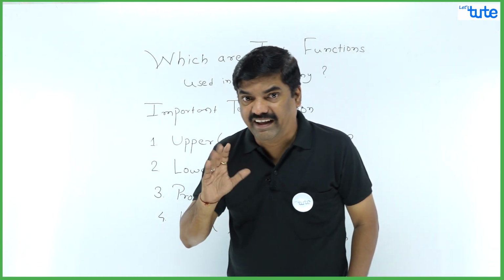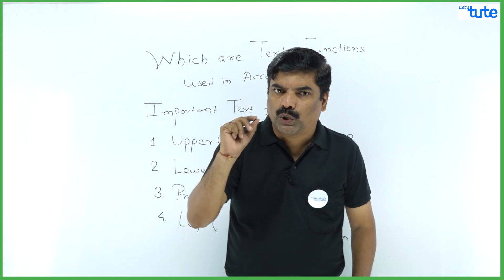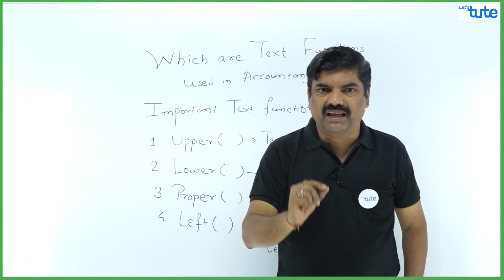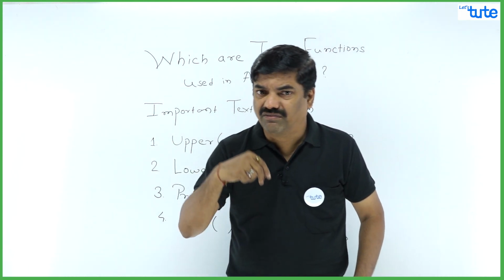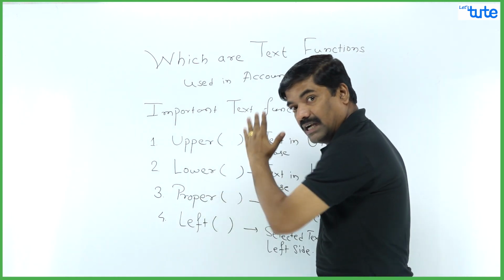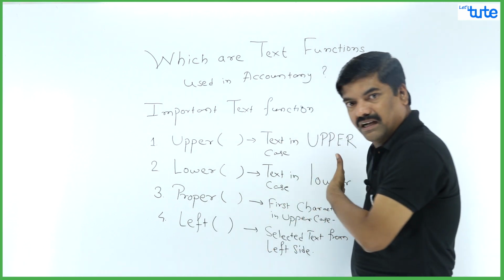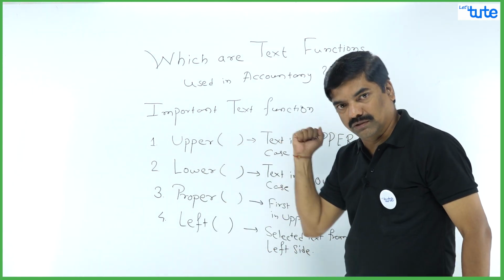Last one is the left command. Excel has also given a facility to display the first 3 characters, first 4 characters, first 6 characters. This command counting starts from the left hand side. Excel has given a different command for the right hand side also.